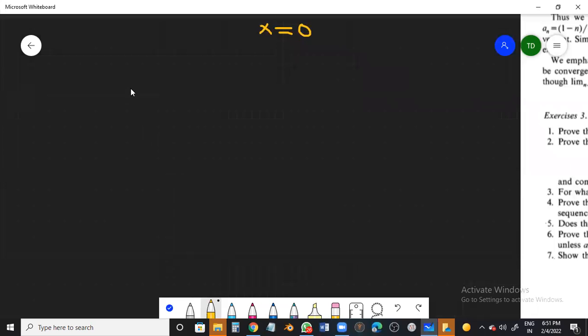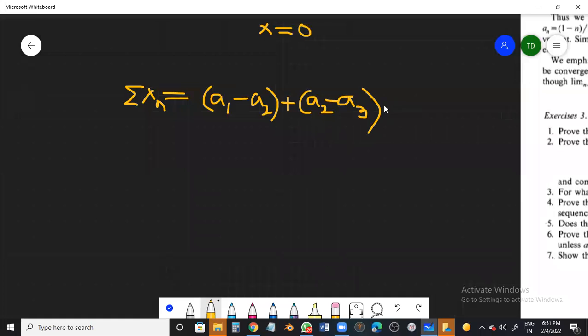For the time being, I would like to denote this by summation xn. What is summation xn with us? a1 minus a2 plus a2 minus a3 plus a3 minus a4 plus and so on.